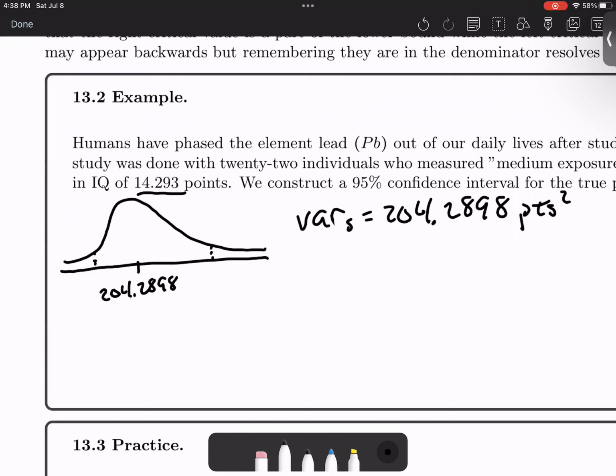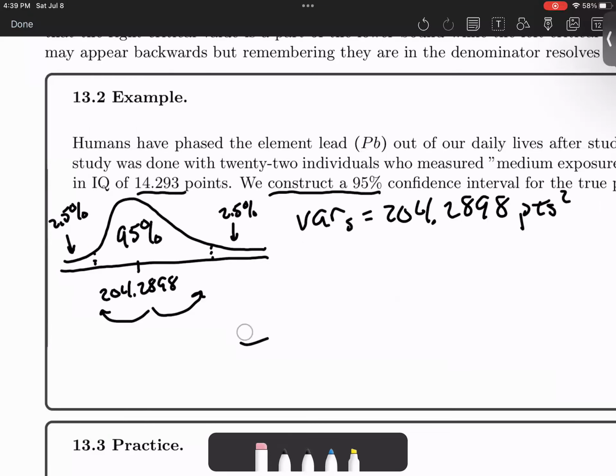And how far do we need to move to collect how much probability? We want a 95% confidence interval. So there's 95 there, meaning that there's 2.5% in that tail, and 2.5% in that tail. Now, unlike proportions and averages, we can't move symmetrically because this is a non-symmetric curve. So we have to find each endpoint separately.